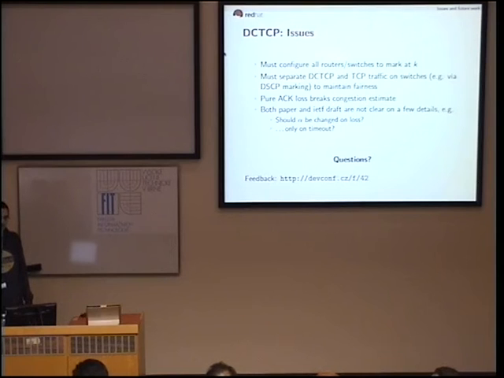Because DCTCP will start to see mark bits, and it will throttle down because it adjusts the congestion window. But the legacy TCP senders don't know anything about congestion because all of their packets are being forwarded just fine. So they don't throttle down, which makes the problem even worse on the DCTCP side because even more packets will be marked. And so you will end up with 95% throughput for TCP and nothing left for Data Center TCP.